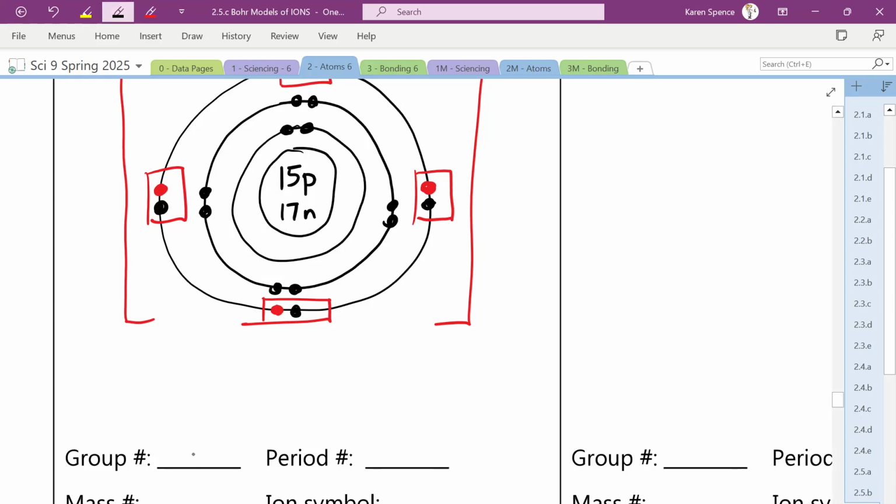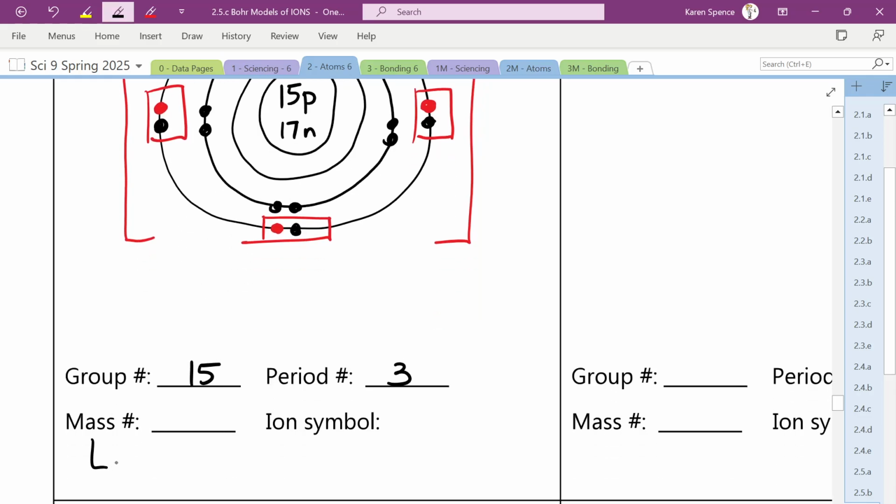So it is in group number 15, period number 3. Tell your partner, how do we calculate the mass number? Protons plus neutrons. So that's 15 plus 17 gives us 32.